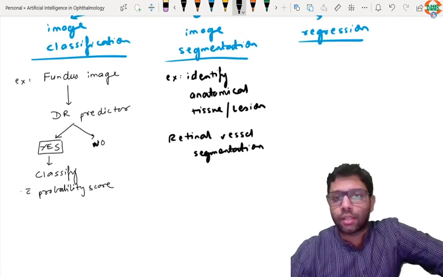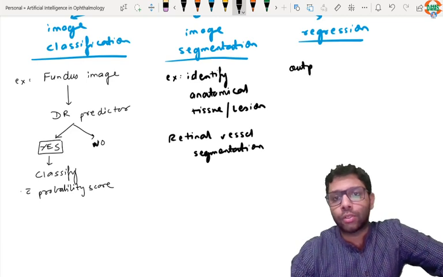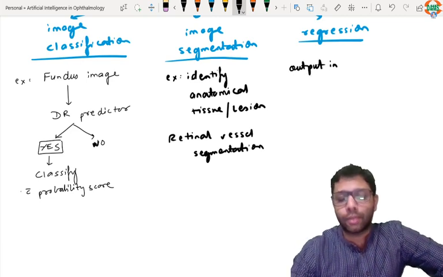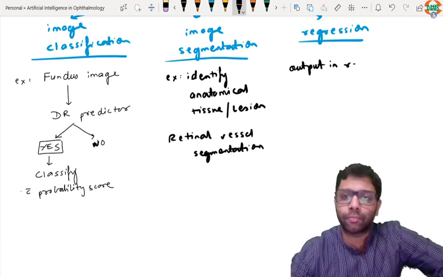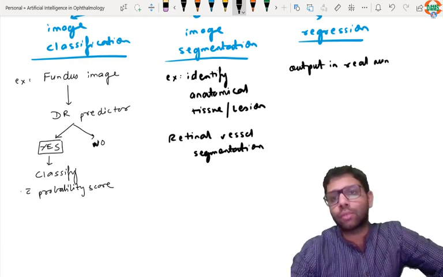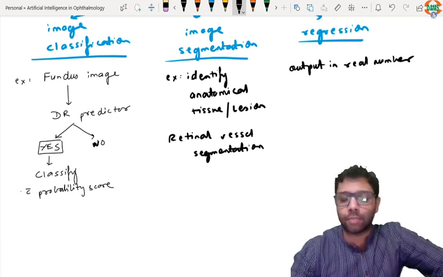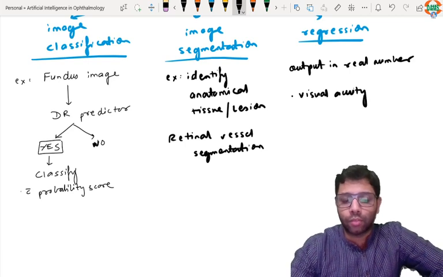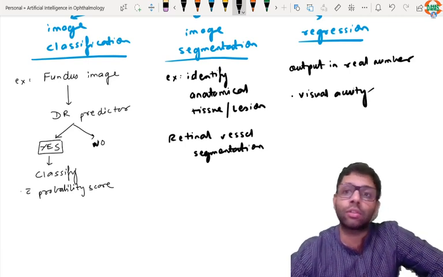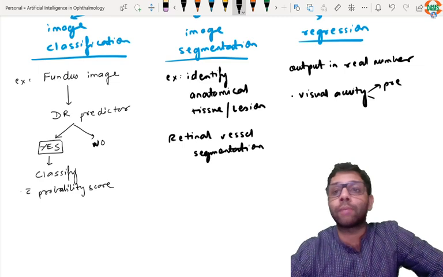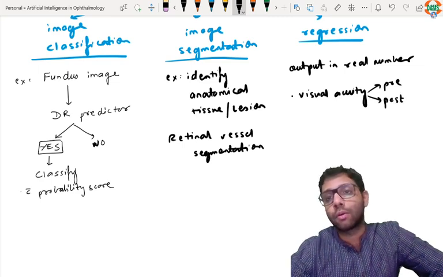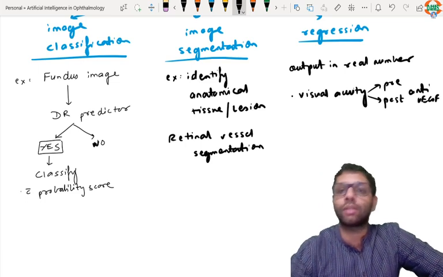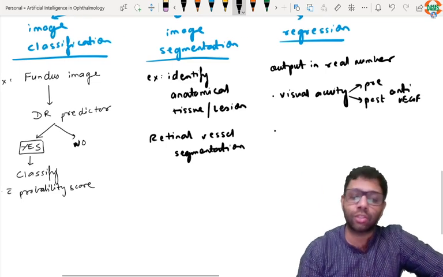And third, regression has the output in a real number. Now this is where quantitative analysis can be done. For example, visual acuity, pre and post treatment like anti-VEGF injections, in diabetic retinopathy or in age-related macular degeneration, the wet type.